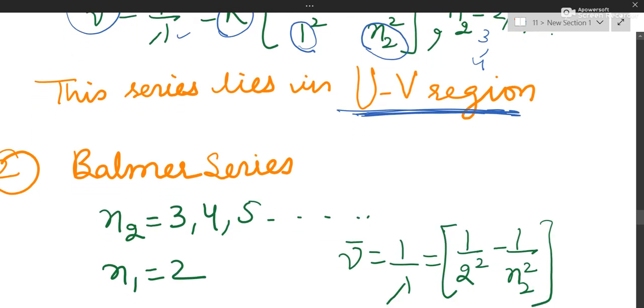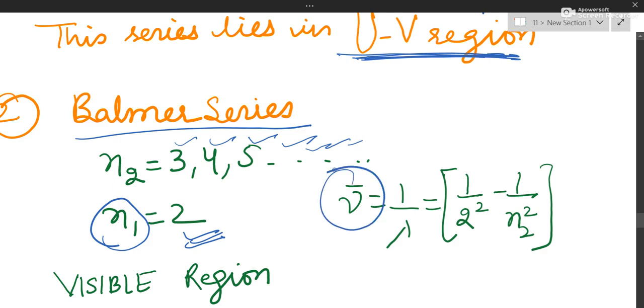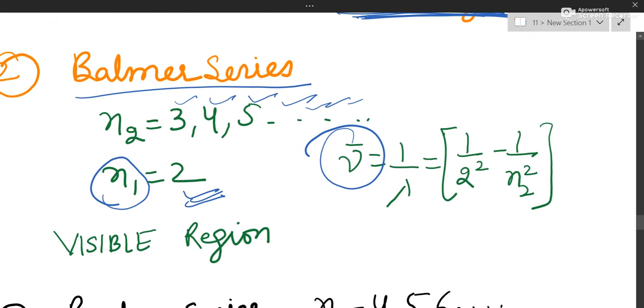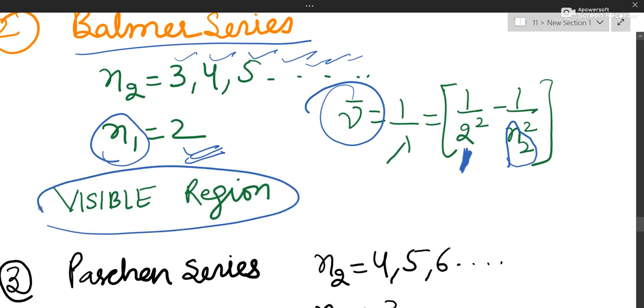Okay, similarly you have to do it for the Balmer series. In the Balmer series you will land on 2 from any higher state, third or fourth or fifth or sixth or seventh, and so on. You can see the expression for the Balmer series wave number as well. You are landing on 2 from any higher orbit having principal quantum number more than 2, and it lies in the visible region.